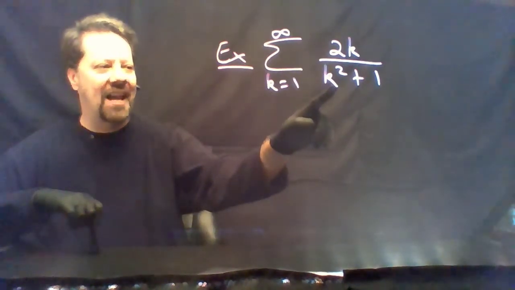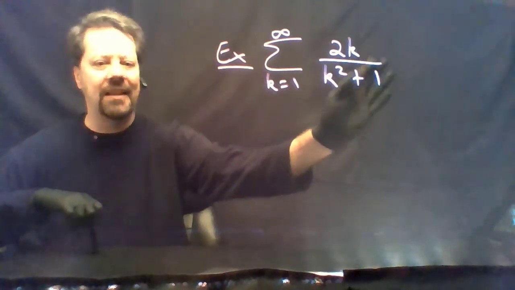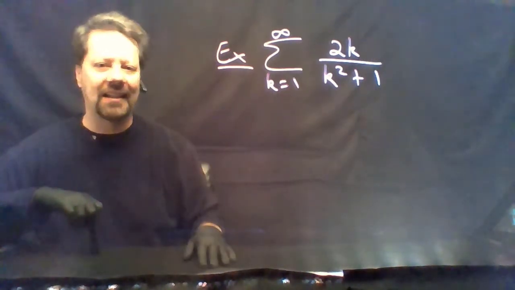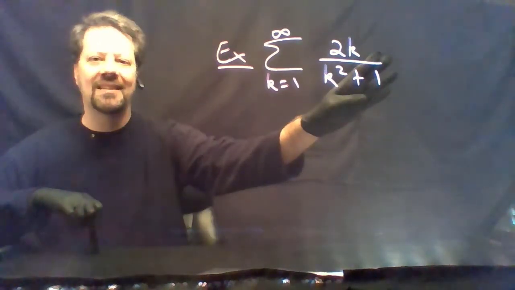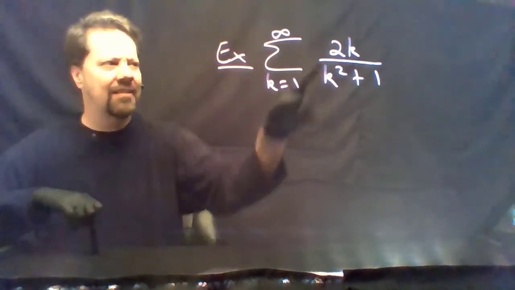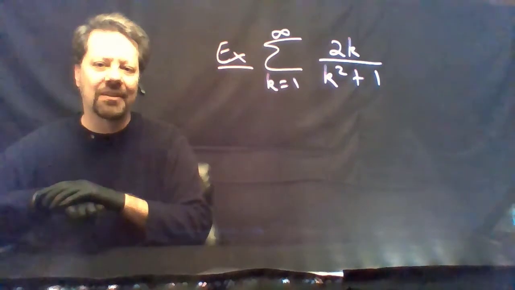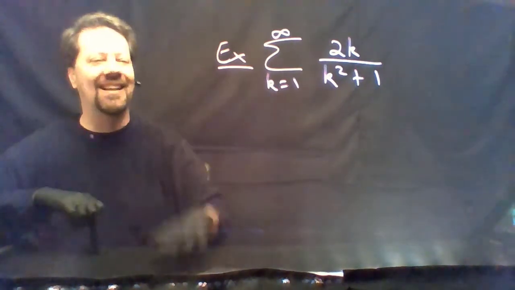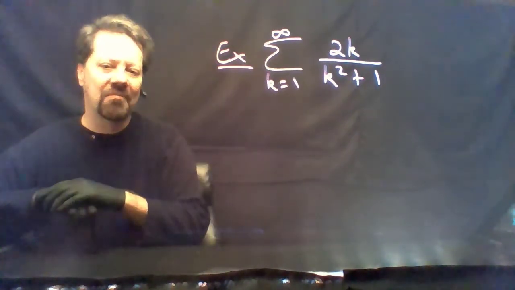So, as k gets big, ignore the small stuff. Just cover up that little 1 there and forget about it like it doesn't exist. If the 1 isn't there, then this fraction reduces to 2 divided by k. The 2 doesn't matter much because you can factor the 2 out of the sum.